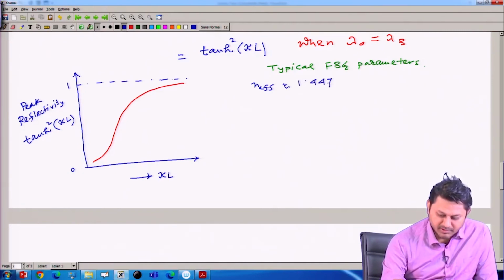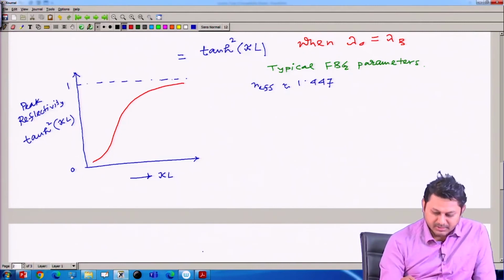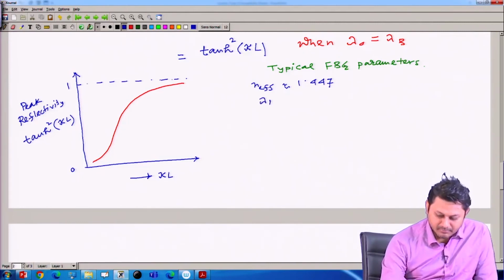This is the experimental value we have. Lambda b is very nearly equal to 1550.97 nanometer.